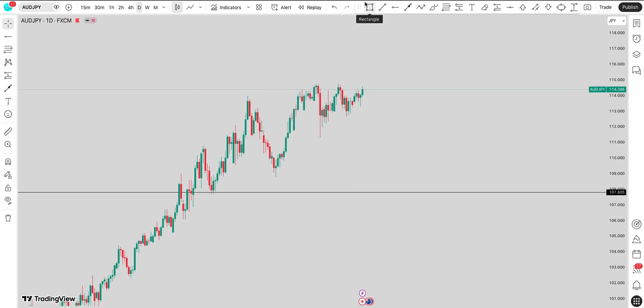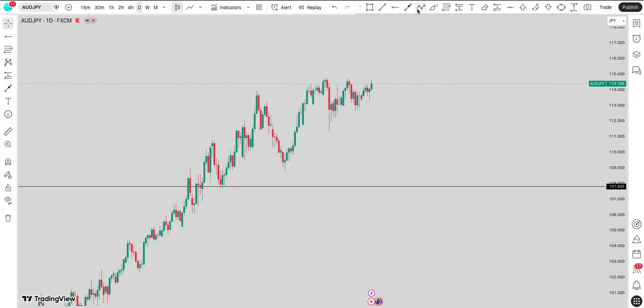On this daily time frame, we can see that after the market broke above this major monthly zone, it started creating higher highs, higher lows, higher highs and higher lows. This is the last high and low.